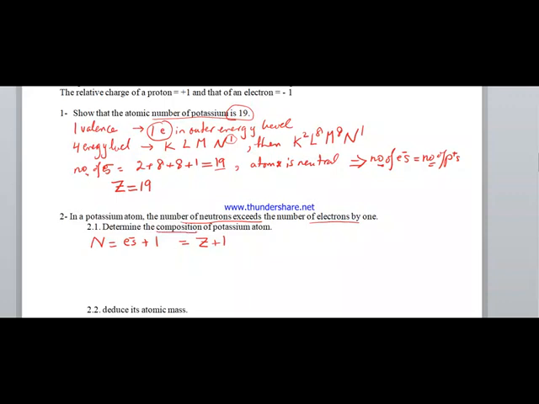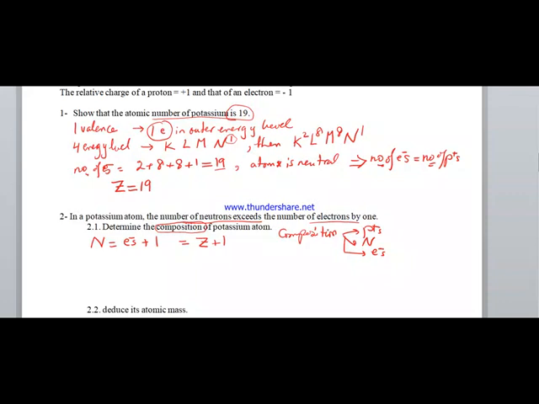Determine the composition. When you are asked about the composition of an atom, it means that we must find the number of protons, and say how many neutrons and how many electrons.